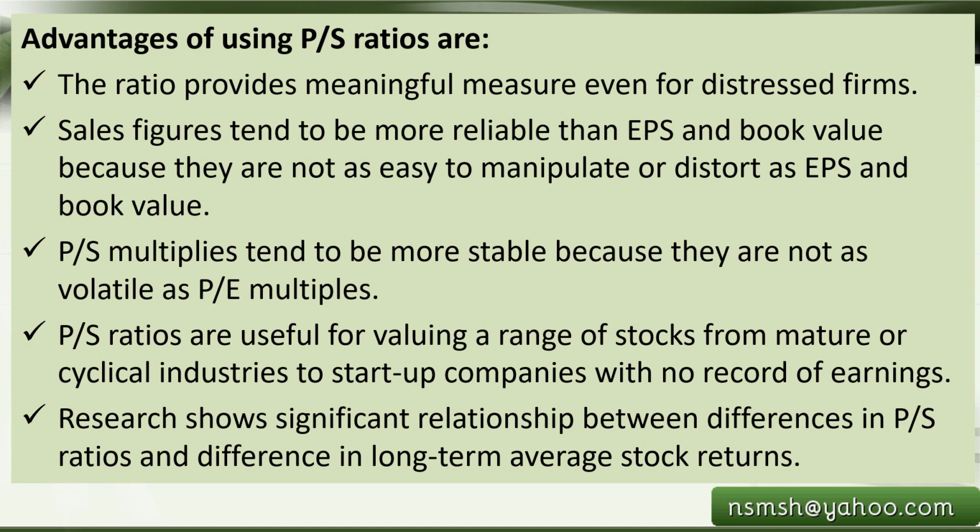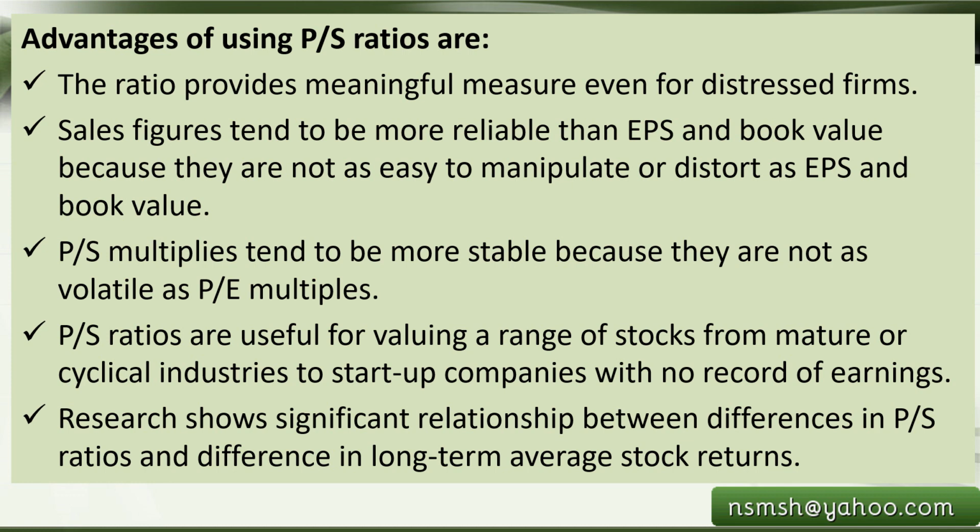Also, price to sales ratios are useful for valuing a range of stocks from mature or cyclical industries to startup companies, because they may not have the record of earnings per share values. What they would have immediately is the sales figure and the market price available. So price to sales computation is easy and handy for them.